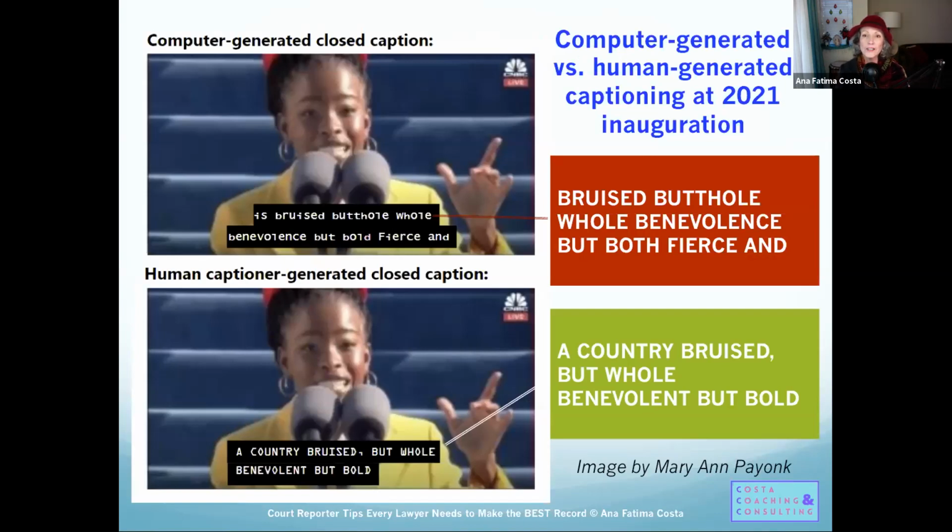Now here is an example of broadcast captioning, demonstrating the difference between computer-generated captioning at the top and below, a human captioner like Stan or Jade King.